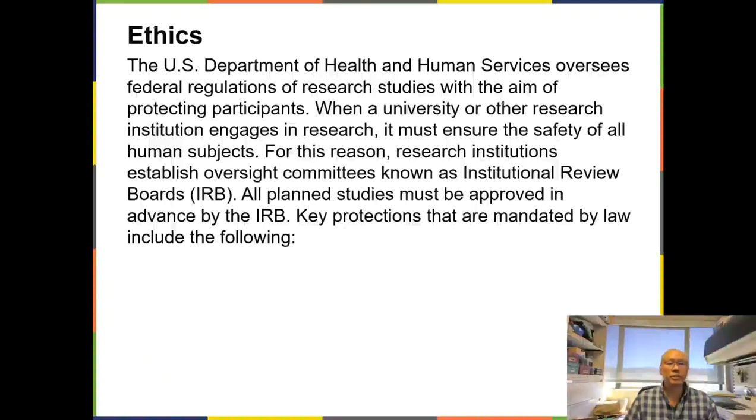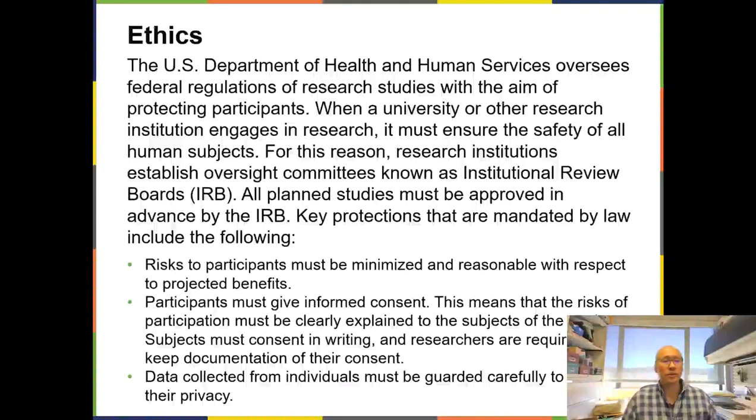For this reason, research institutions established an oversight committee known as the Institutional Review Board, and all planned studies must be approved in advance by the Institutional Review Board to make sure participants are protected by law. The people in the study usually sign forms to show they know they're going through a particular study, and they must be informed about the risks.